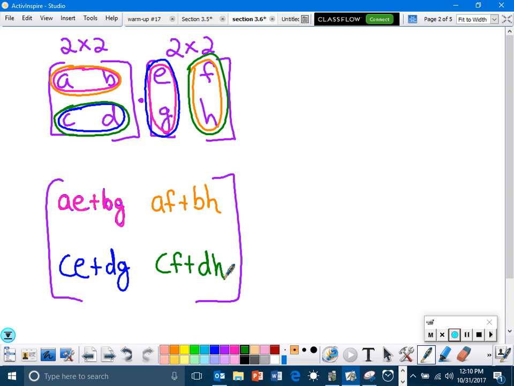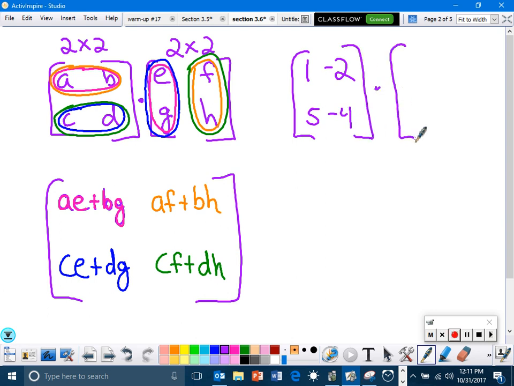All right, so now I'm going to put numbers in it. So here we go. Let me put one with numbers in it. So 1, -2, 5, -4, times 3, -6, 7, -1.